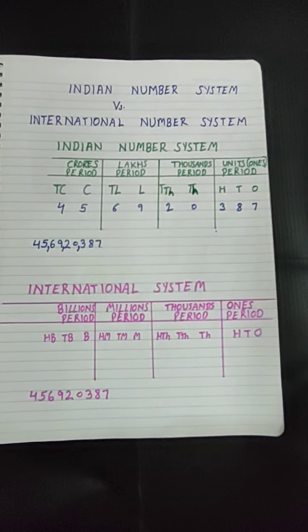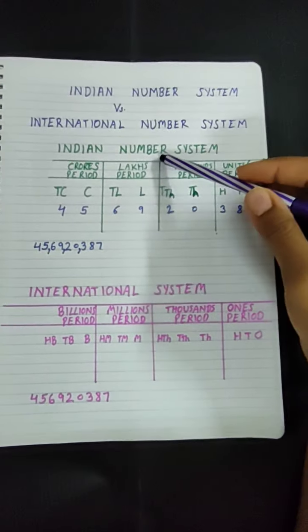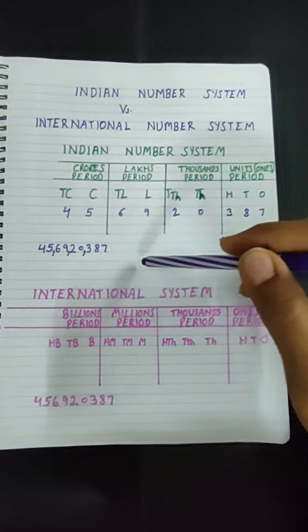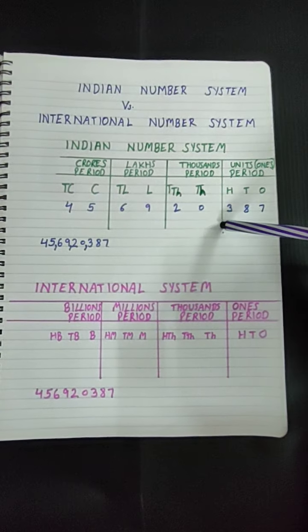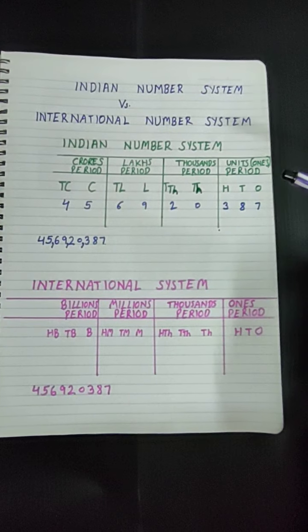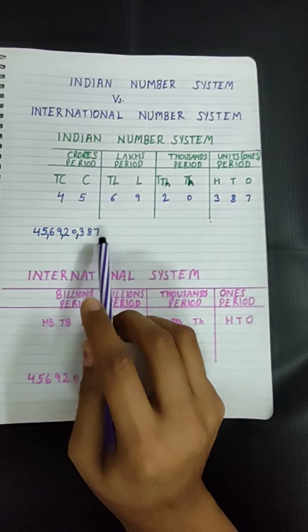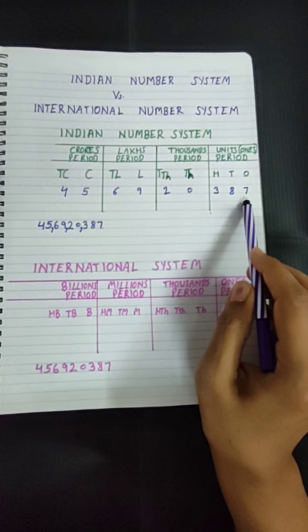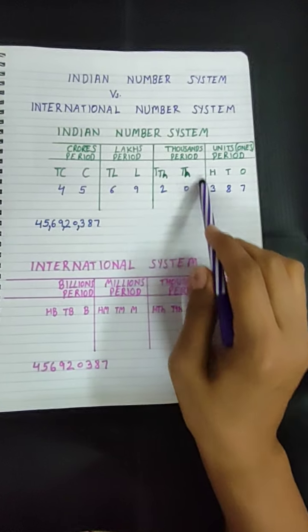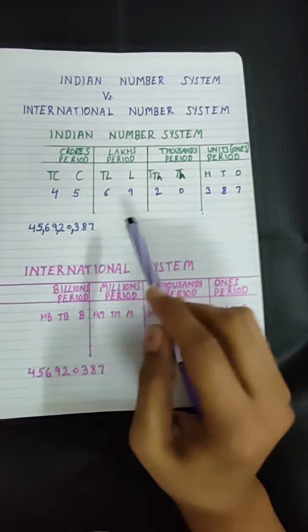In this table, we have demarcated different periods using this vertical line. But when we write a number, we demarcate these periods by using a comma. Let us see in this number, which is a 9-digit number, we'll put commas according to the periods. Ones, tens, hundred. There is a period after hundreds because these places belong to units period.